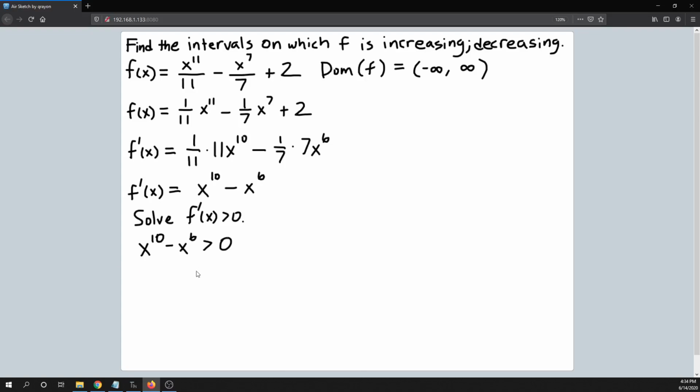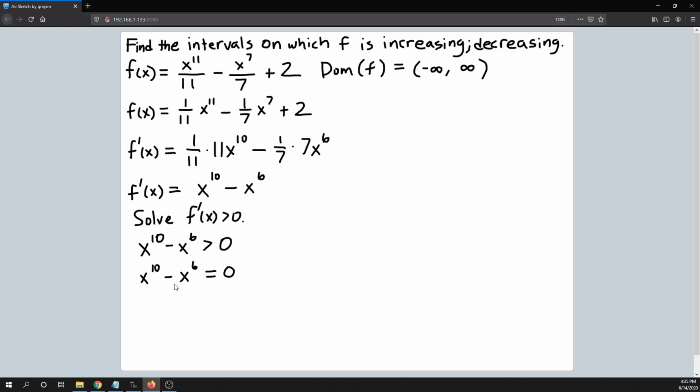That is a polynomial inequality. In order to solve that, what I am going to do is to set it equal to 0 and solve that out. So I would try and factor this polynomial as much as possible.